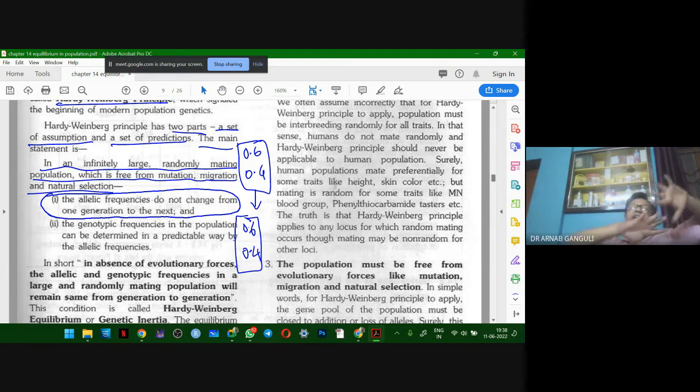But in an infinitely large population, this doesn't take place. So 0.6 and 0.4: in my father's generation also, 6 individuals out of 10 will be testers. In my generation also, 6 individuals out of 10 will be testers. In my children's generations also, it will be the same. The allelic frequencies will not change.